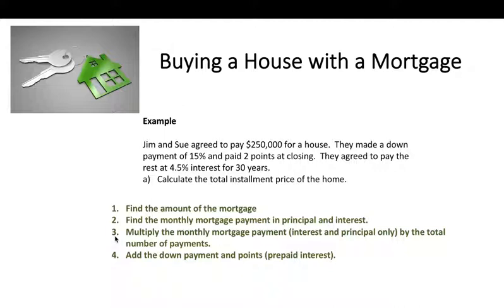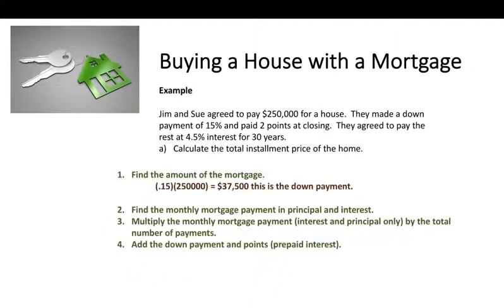Third, we're going to multiply the monthly mortgage payment, just the interest and principal, not the insurance and the taxes, by the total number of payments. And then lastly, add to that figure the down payment and the points, which is the prepaid interest. All of these go into the total installment price of that home.